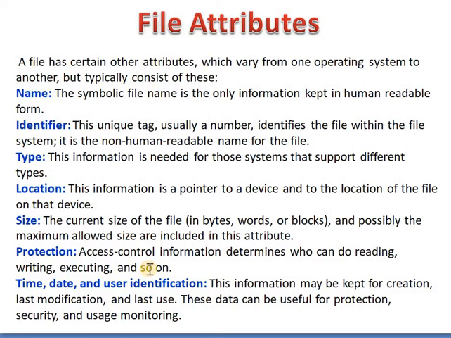We know there are three basic access permissions: reading, writing, and executing. The protection attribute determines which user can read, which user can write, and which user can execute that particular file.